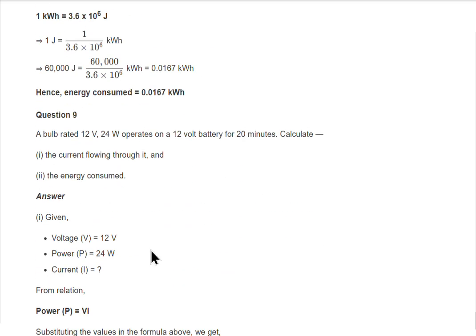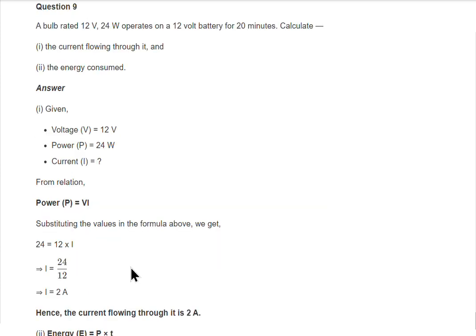Okay, now question number 9. A bulb rated 12 volt 24 watt operates on a 12 volt battery for 20 minutes. Calculate the current flowing through it and the energy consumed. So potential difference is 12 volt, power is 24 watt and current we need to find out. Power is equal to V into I, so I will be 2 ampere.